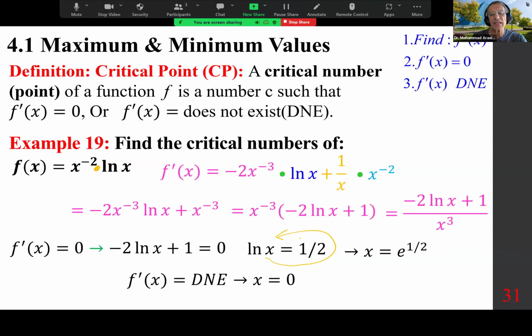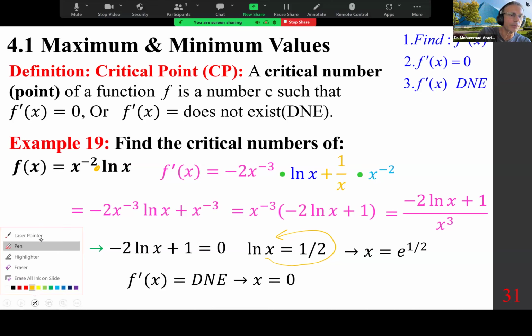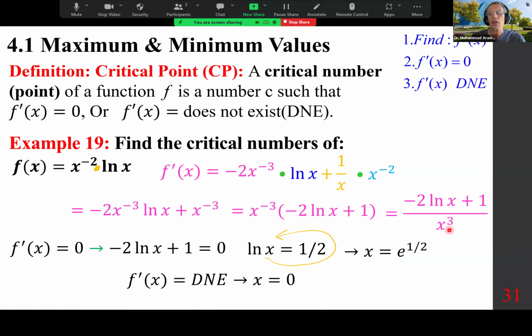F prime doesn't exist. A fraction is undefined, or it doesn't exist, if the denominator is 0. But x can't be 0. The reason why is because it's not part of the domain. If you look at f prime of x, setting x equal to 0 means the denominator is 0.